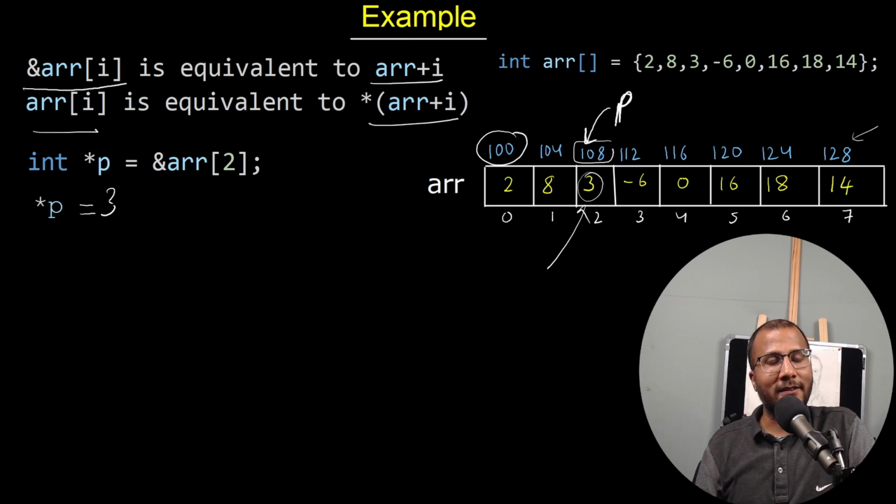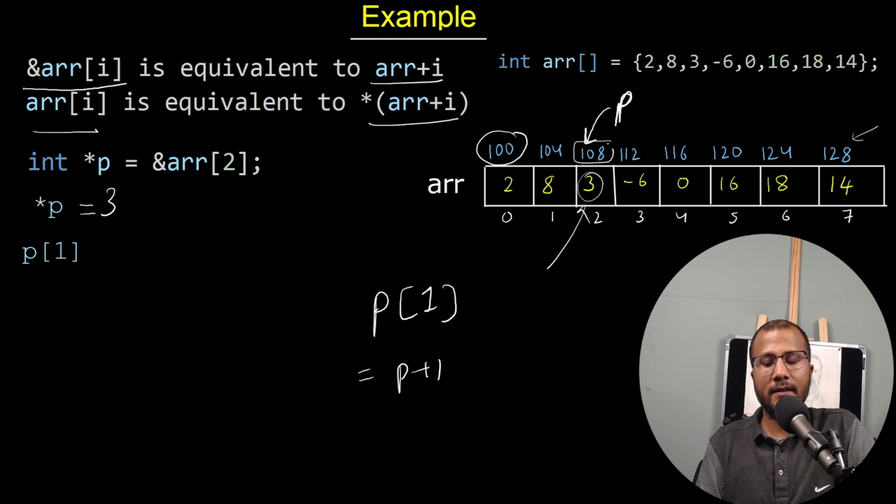Now p is a pointer. Can I write p[1]? Can I use the subscript notation on a pointer? Very well, you can use that. What is p[1]? This 108 is p[0]. p[1] is p plus 1, isn't it? I have to use asterisk also because I'm trying to get the value, since I'm using the subscript notation. So star (p plus 1). p is 108 plus 1, that is 112.